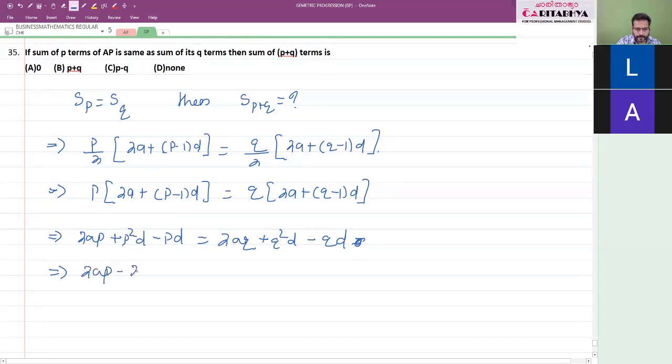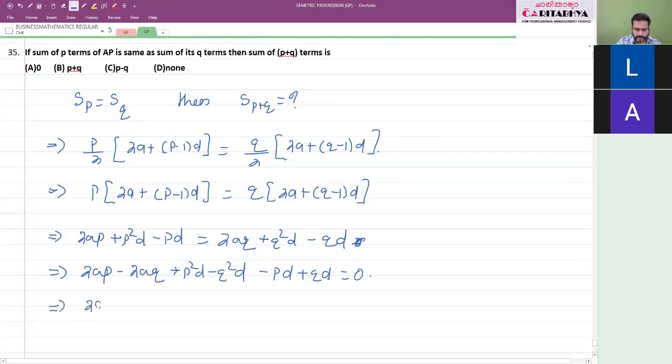So bringing all terms to one side: 2AP minus 2AQ plus P square D minus Q square D minus PD plus QD equal to 0. Okay.